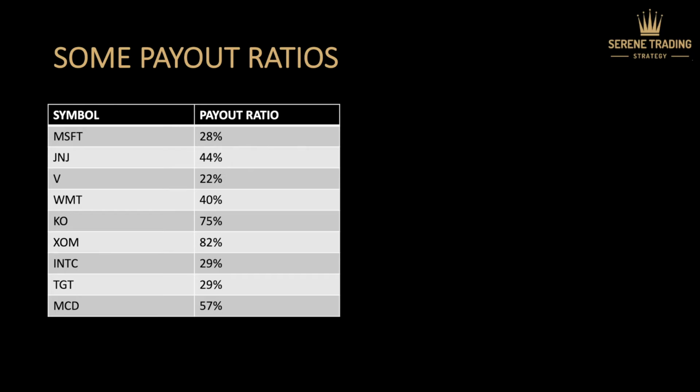So just hang on till the end of the video, because we are going to understand whether 28% for Microsoft is good or not. Because note this thing, I'm saying 28% for Microsoft because 28% may be a very good number for Microsoft, but 28% may not be a very good number for another company which is in the same maturity stage as Microsoft but is in a different sector.